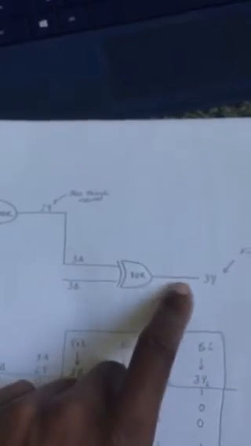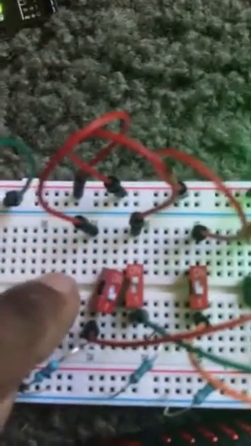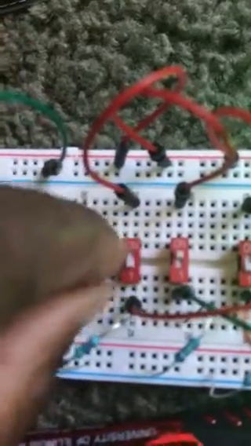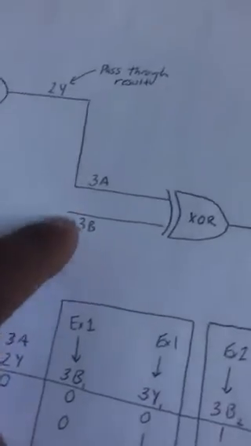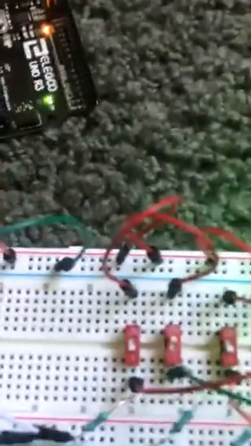Therefore, this one must be on, right? So again, this is on, this is off, therefore this must be on. We can see here, this one right here corresponds to this one. So you can see this one's off right now, right?